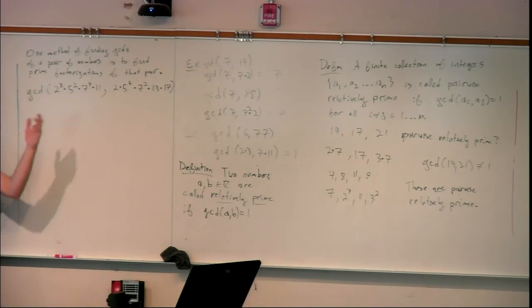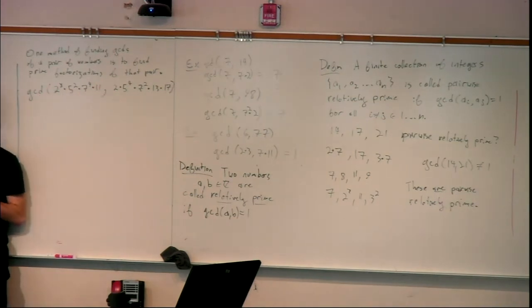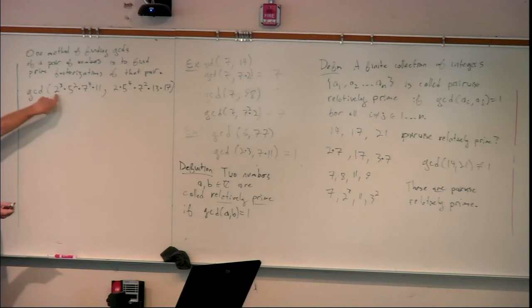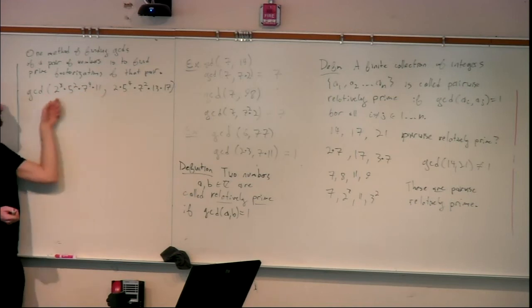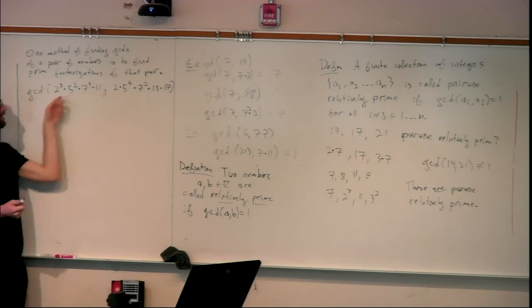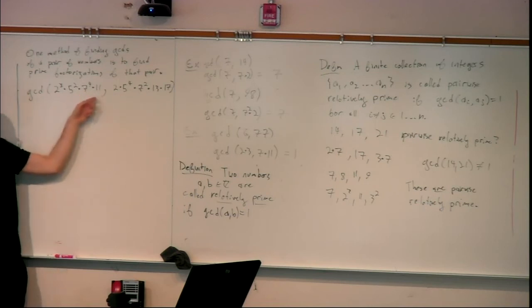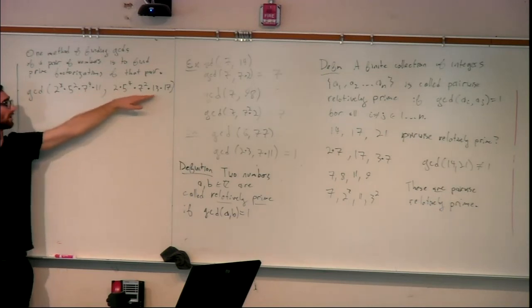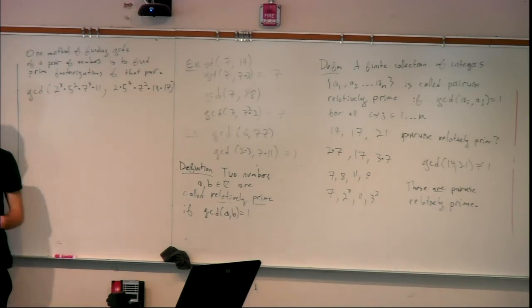I've just listed off these numbers by reading off their prime factorizations. From the prime factorizations, I can check: does 2 divide both of these numbers? Yeah, because the 2 appears here and here. Does 5 squared divide both? Yeah. Does 7 squared divide both? Yes. Does 11 divide both? No. There's no 11 over here, and similarly, there's no 13 or 17 over here.